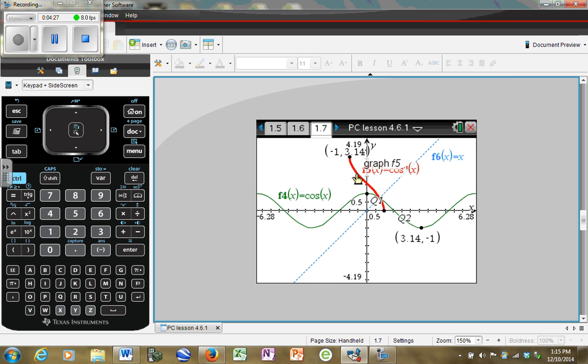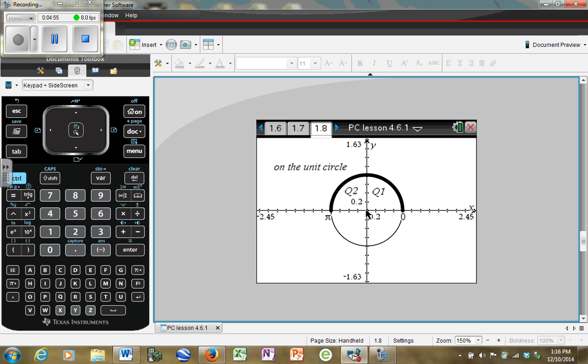You see the endpoints of the red line correspond to the inverses of the endpoints for the green one. This point right here is at pi, -1. Its inverse is -1, pi. Your angle answer is on there somewhere in radians, between 0 and up here at pi. If we're talking about the unit circle, this is where we get to look at quadrants 1 and 2.